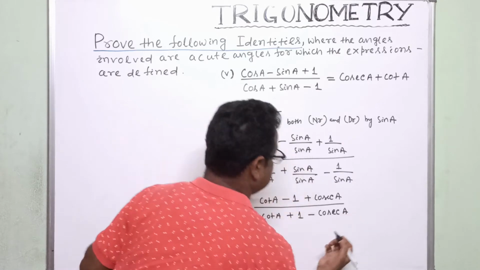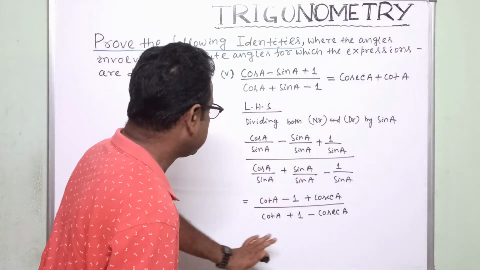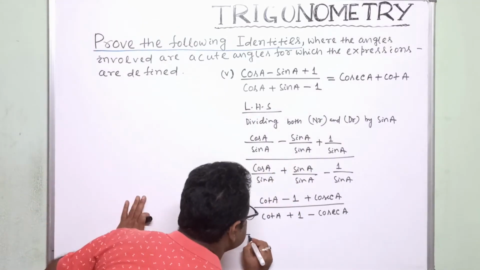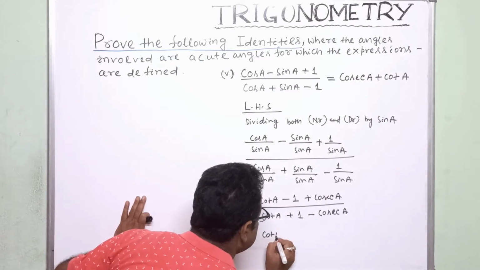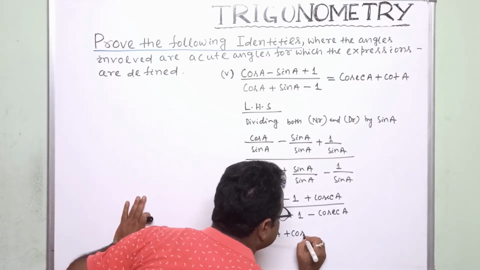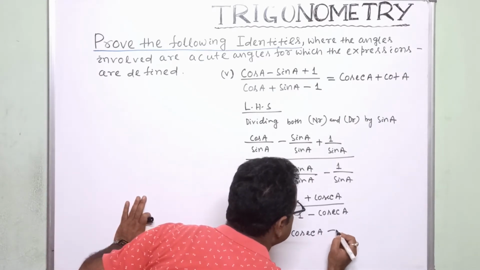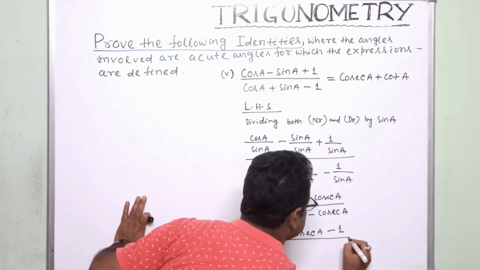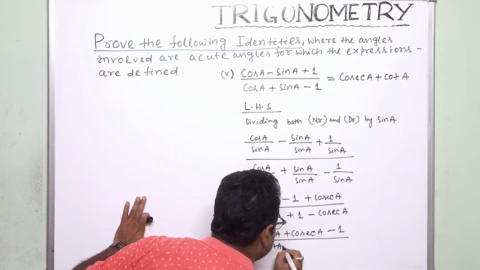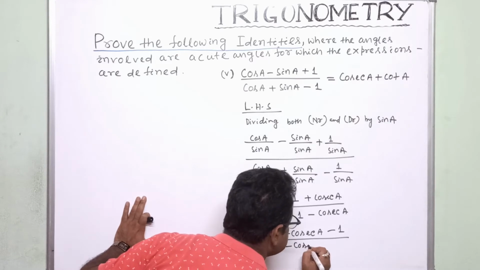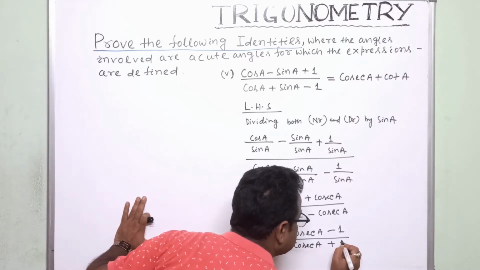So now here we can arrange it and write (cot A plus cosec A minus 1) by (cot A minus cosec A plus 1).